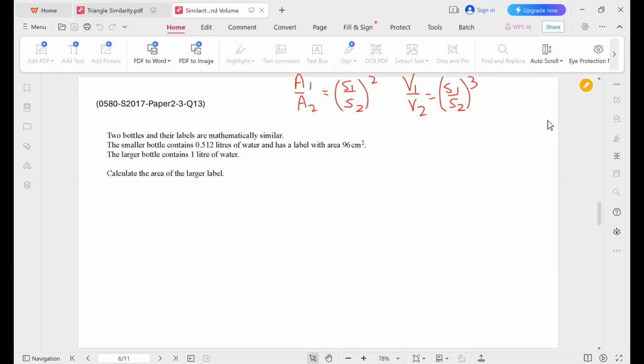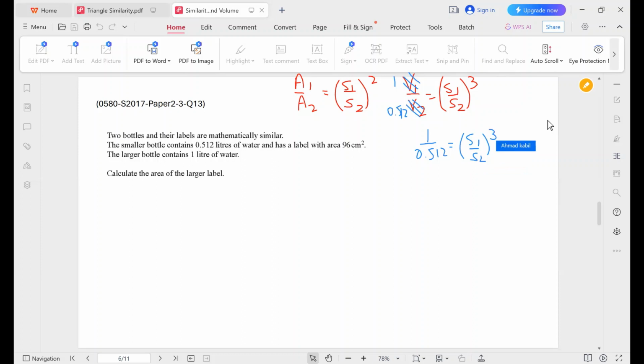So let's put 1 for V1 here. And let's put 0.512 for the smaller volume, because we said 1 will be the bigger shape and 2 will be the smaller shape. Let's just rewrite the equation to look nicer. 1 over 0.512 equals S1 over S2 to the power of 3.